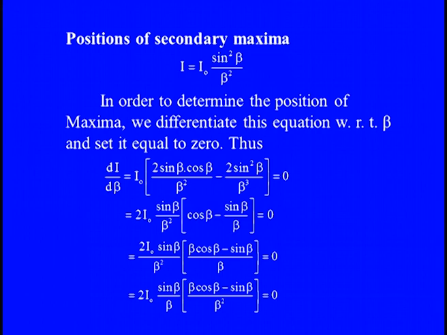Thus, d I by d beta will be equal to I naught times 2 sin beta cos beta divided by beta square minus 2 sin square beta by beta square, and this we have to equate to 0. After simplification, we get d I by d beta is equal to 2 I naught sin beta by beta into beta cos beta minus sin beta upon beta square is equal to 0.